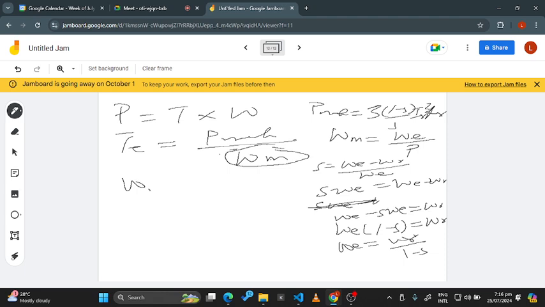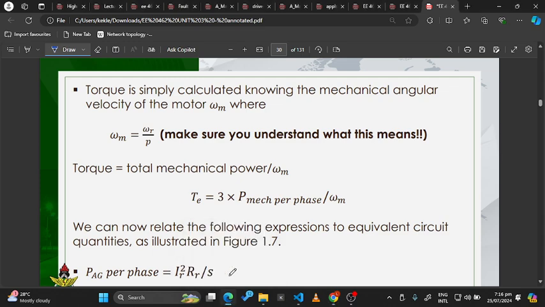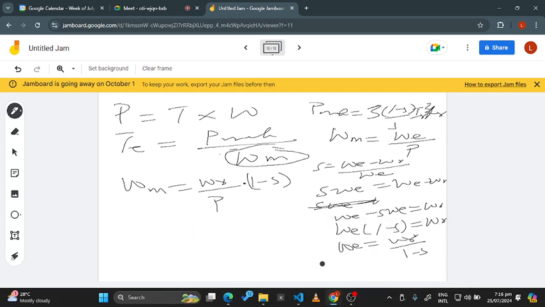I can say my omega m should be equal to omega r divided by P, the electrical rotor speed in radians per second divided by the pole pair. Exactly. I think that's right.